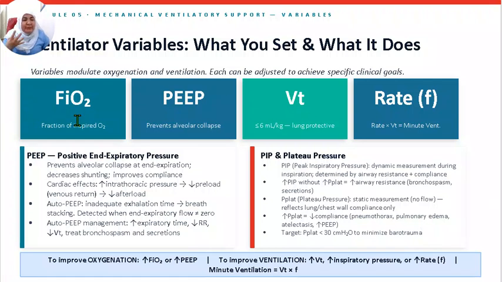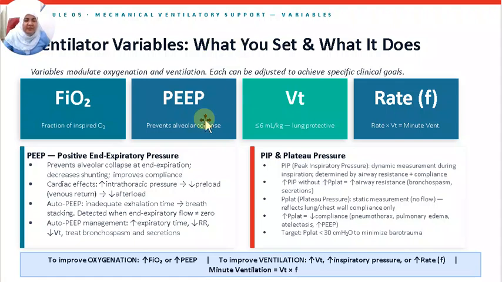So there are four important variables that we have to know when we handle a ventilator, no? Because the role of the nurse is not to run from the ventilator, but to understand its effect in general on the patient's respiratory system.